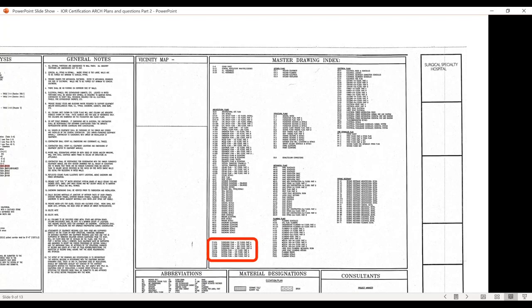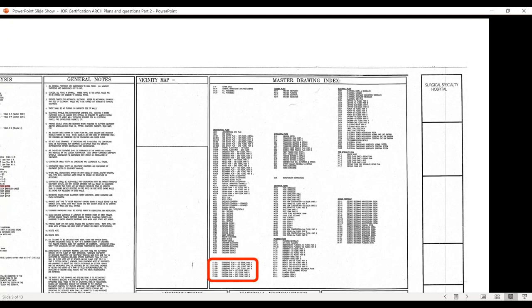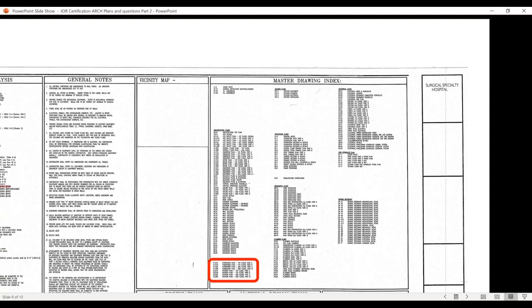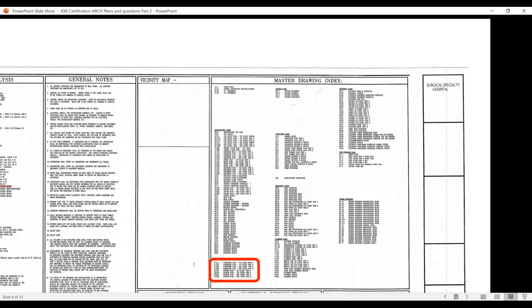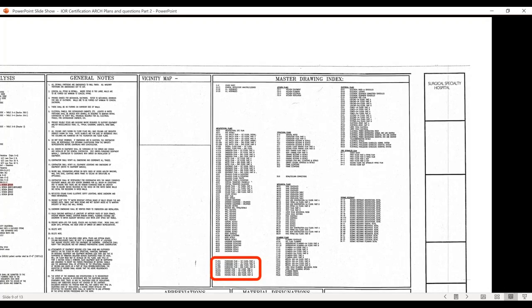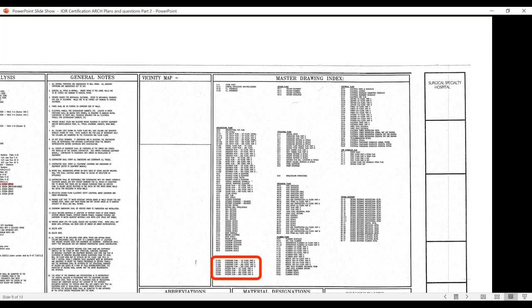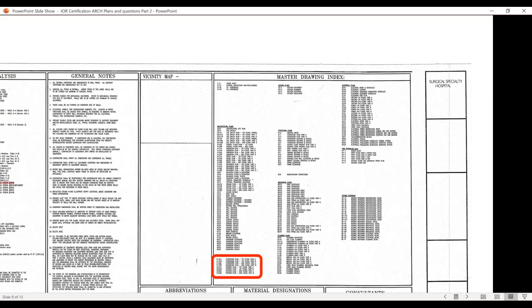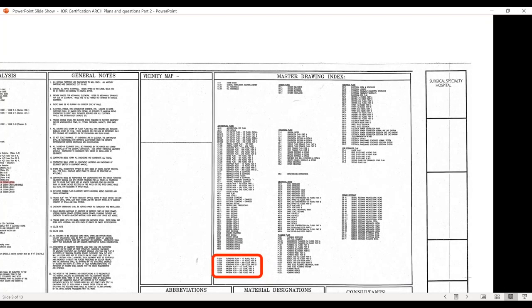So it depends from project to project. For the exam, try not to be stubborn, try to be flexible, and don't think about how it should be. Read what the master drawing index gives you, because those are your ingredients, right?